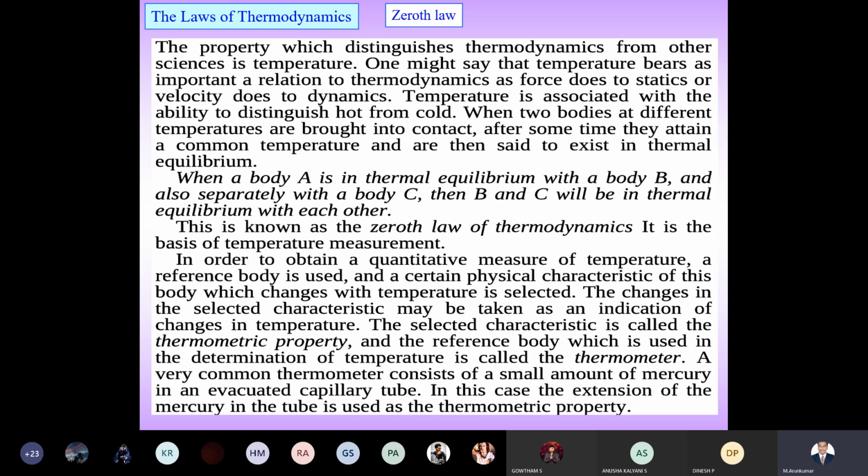What is the zeroth law of thermodynamics? When a body A is in thermal equilibrium with a body B and also separately with a body C, then systems B and C will be in thermal equilibrium. B and C are not in contact, but they will gain thermal equilibrium after some time. This is called the zeroth law of thermodynamics.